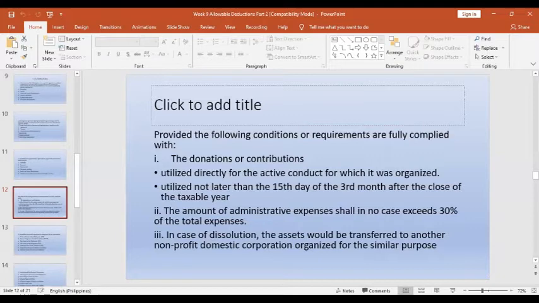Let's say the taxable year is 2021. So you donate it, and it will be utilized not later than the 15th day of March, which is the 3rd month of 2022. The amount of administrative expenses shall in no case exceed 30% of the total expenses. And in case of dissolution of the nonprofit organization, the assets could be transferred to another nonprofit domestic corporation organized for a similar purpose.